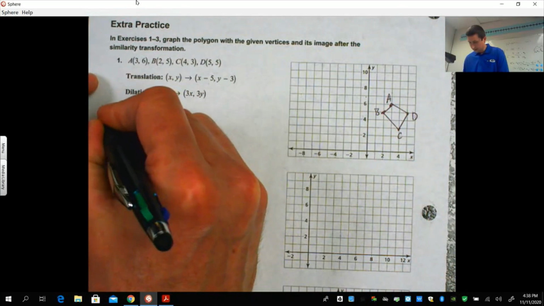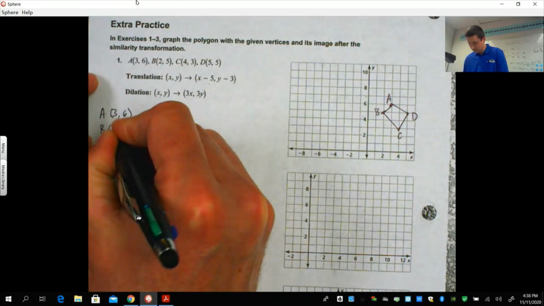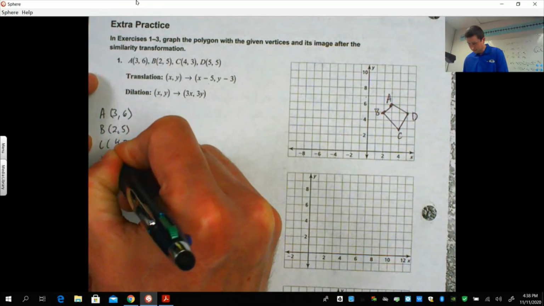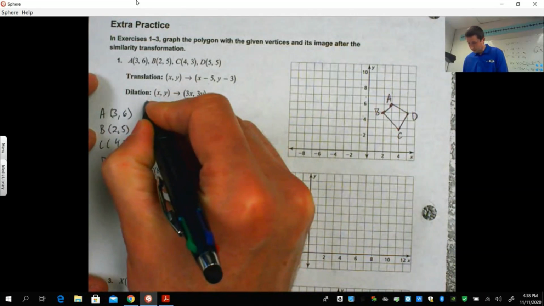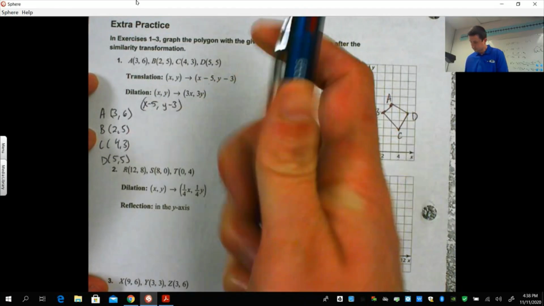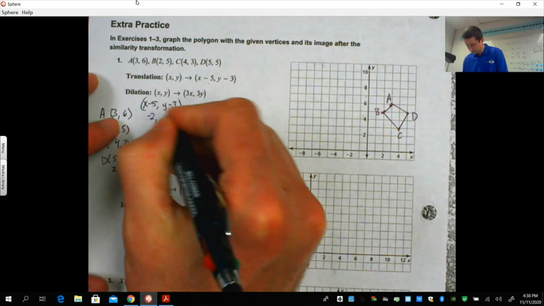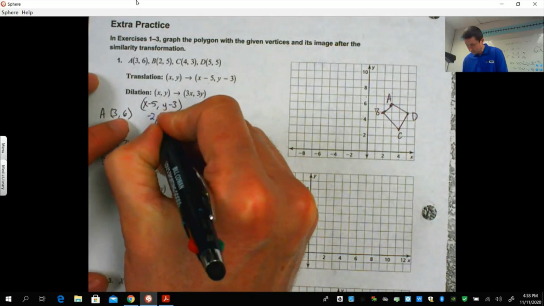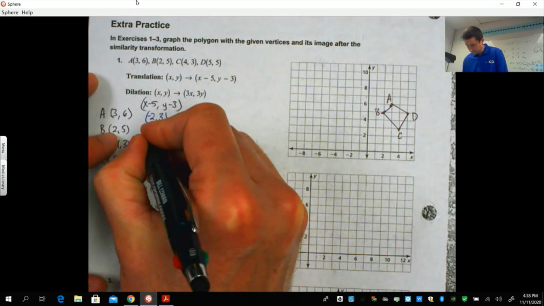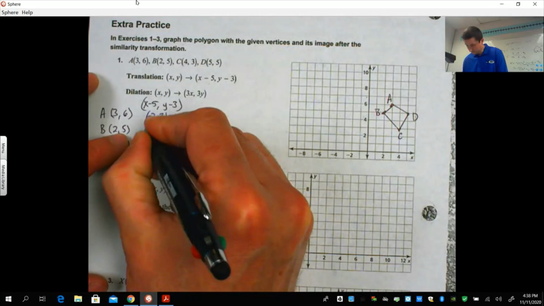So I'm going to write this down here to make a table. A is (3, 6), B is (2, 5), C is (4, 3), D is (5, 5). Okay, now we have to apply x minus 5, y minus 3. Let's go with blue. So for A, x minus 5 would be negative 2, y minus 3 would be 3. For B, 2 minus 5 is negative 3, 5 minus 3 is 2. So these are my primes.